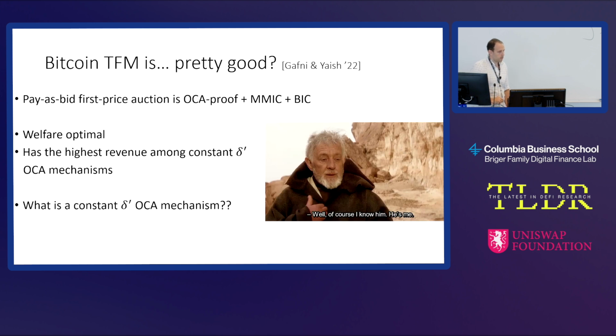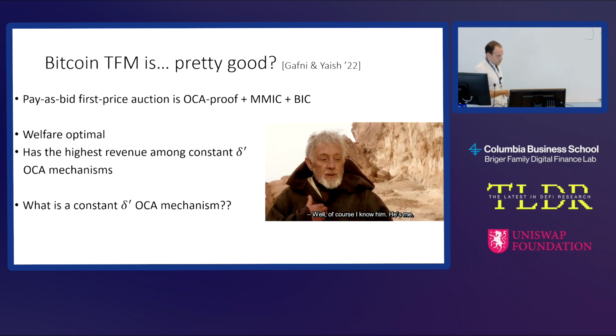Okay, so one thing you can do, and this is already past work, is you can observe that if you take the weaker collusion notion of OCA and you relax the incentive compatibility for the users to be Bayesian, then the Bitcoin transaction fee mechanism is pretty good.